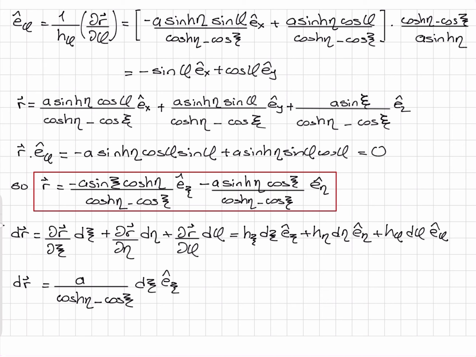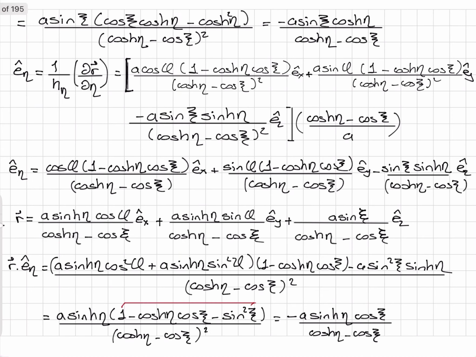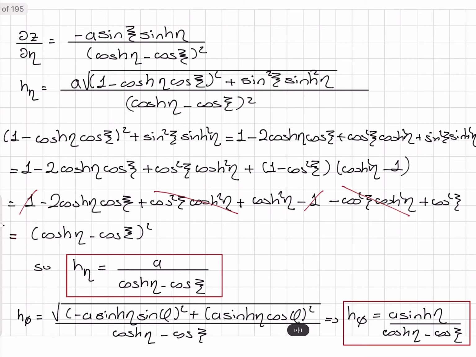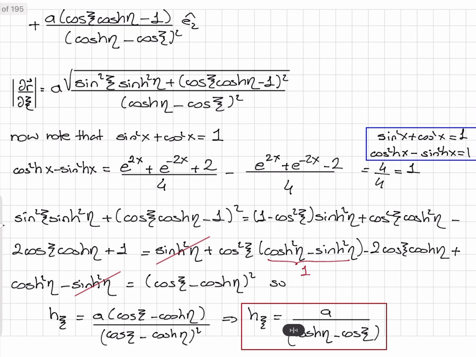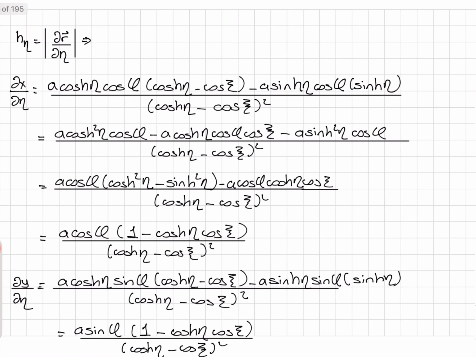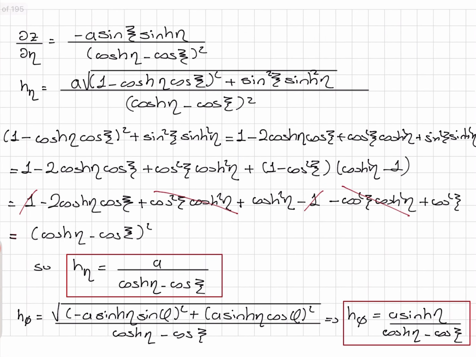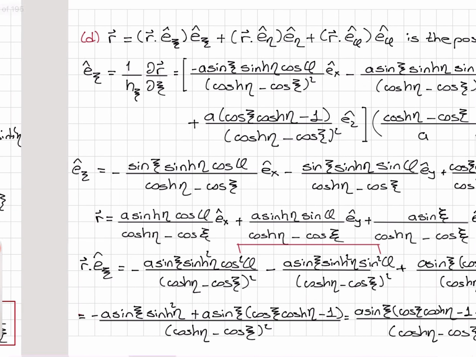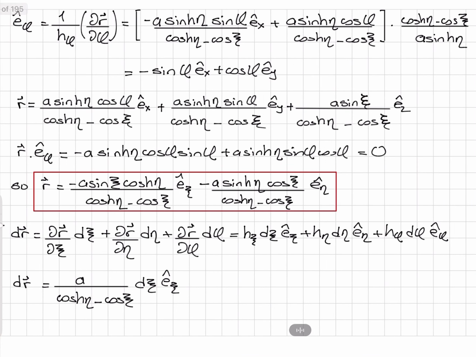And h eta was the same term, so plus a over cosine hyperbolic eta minus cosine psi d eta in the e eta hat direction.